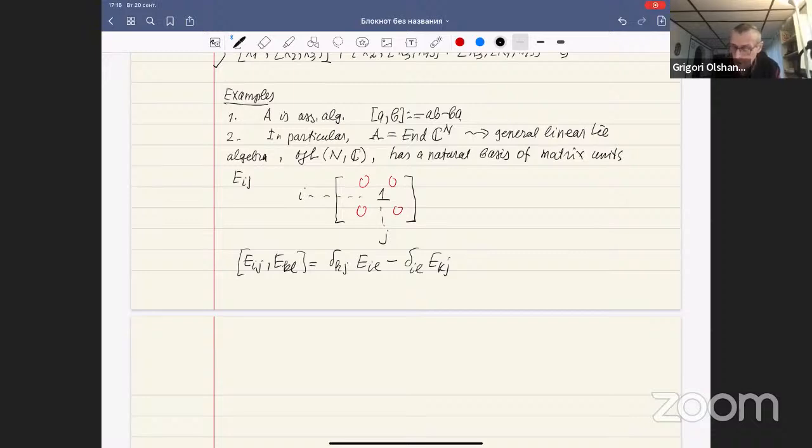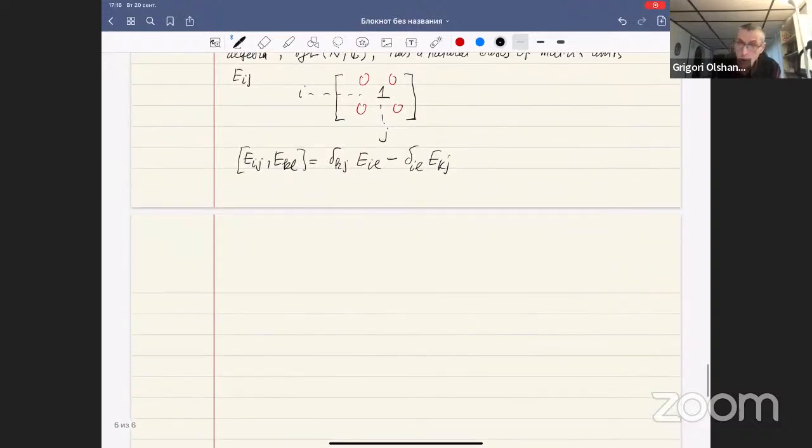It's easy to verify. Okay. We have a notion of Lie subalgebra. If g is a Lie algebra and h a vector subspace, then it is a Lie subalgebra if h is stable with respect to the operation of taking the bracket.